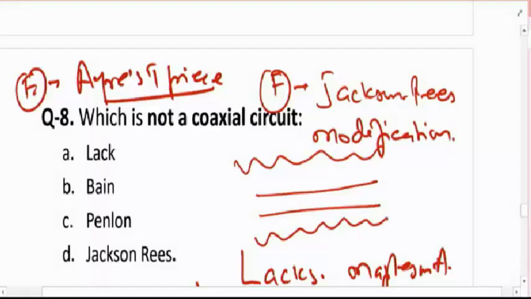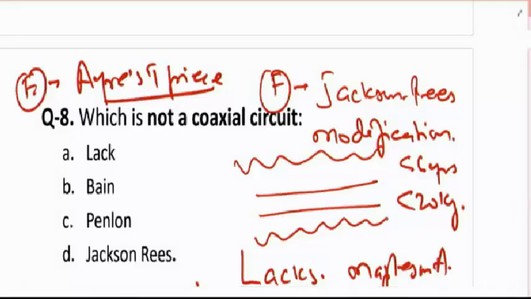Mapleson F is used in children less than 6 years or less than 20 kg. So the answer to question number 8 is D. Jackson Rees is not a coaxial circuit.